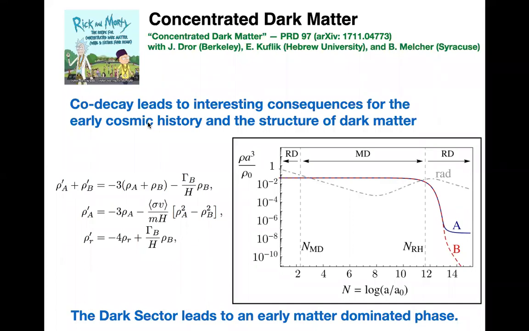If you put all those constraints in, you have a region of parameter space where this model would start with a radiation phase, but this dark sector would take over the energy density of the universe. It would become matter dominated. And then once it decays, you get back Big Bang nucleosynthesis. So again, the message is you get an early matter dominated phase in that gap between the end of inflation and BBN.